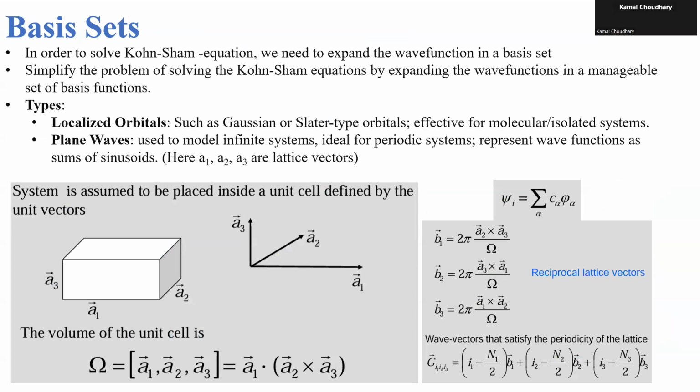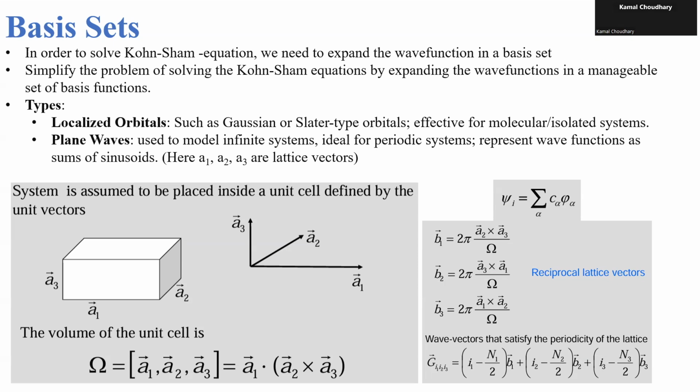Now, we want to solve the Kohn-Sham equation, but in order to solve this, we need to expand the wave function, here for example psi, in a linear combination of basis functions: C alpha, phi alpha, and their combination. Basis sets basically simplify the problem of solving the Kohn-Sham equation by expanding the wave function in a manageable set of basis functions.